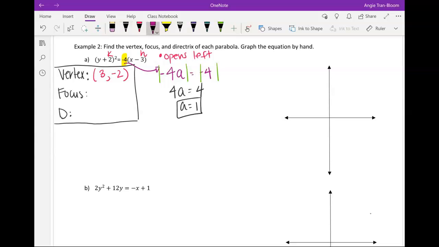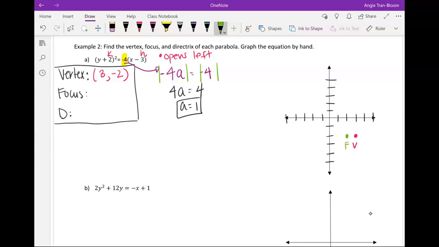So best thing for us to do right now is plot it out. Let me make some grids. 1, 2, 3, 4, 5. 1, 2, 3, 4, 5. The vertex is at 3, -2. So 3, down 2, label it V. We know that it opened to the left, so the focus is going to be over here.